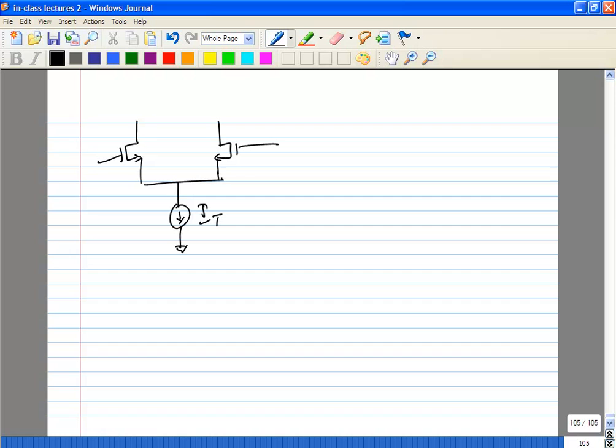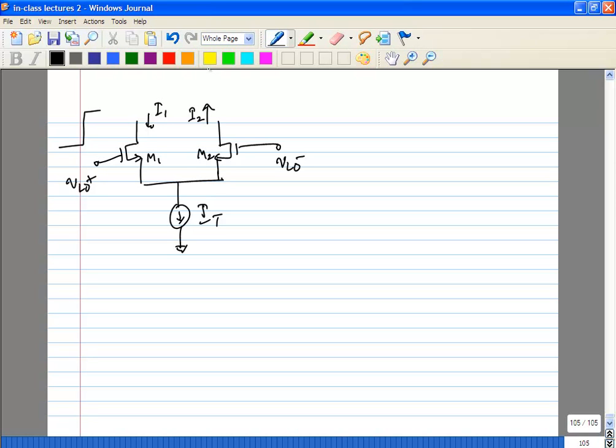So let's say this is the tail current IT. I1 and I2 are the output currents, and this is M1, M2.